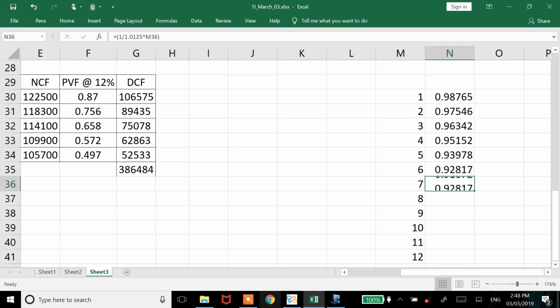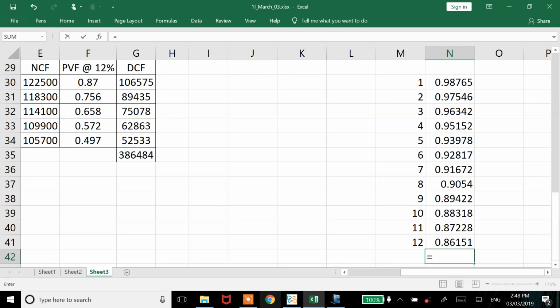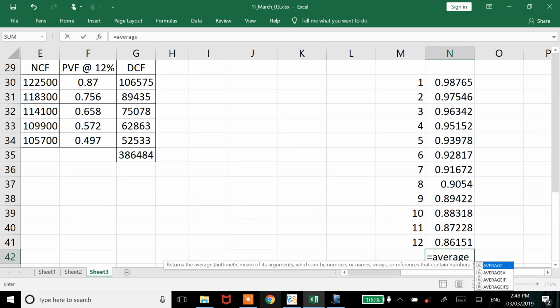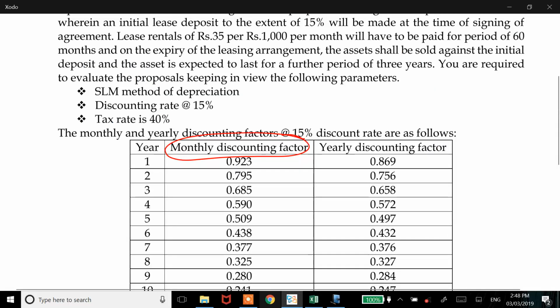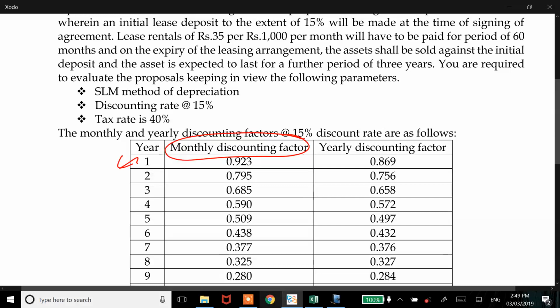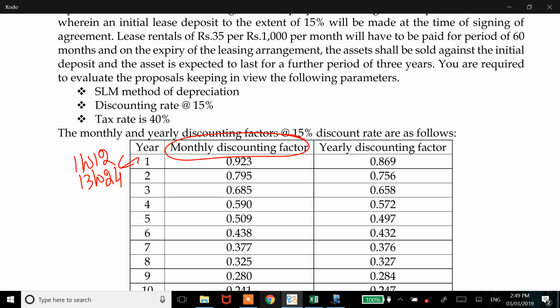So this is what is going to be the factor if I have to take monthly, and an average of this is 0.923, which is what you see. So this is basically not year 1, this is basically 1 to 12 month. This is 13 to 24 month, 25 to 36 month, 37 to 48 month, but they have given the average of it.